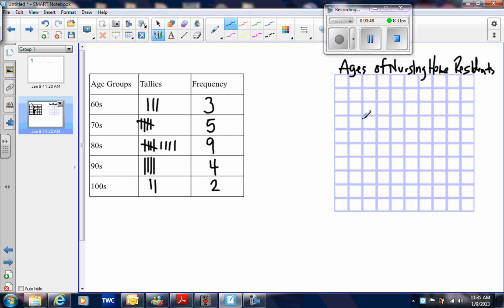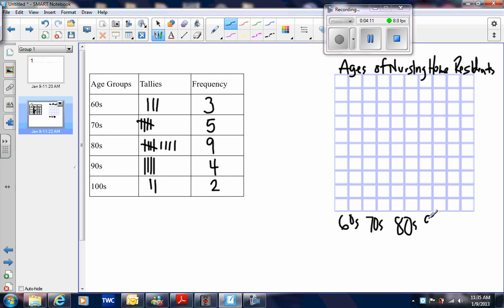So these 2 columns right here are going to be for the 60s. I can actually just put that down here right now. This is for 60s. These 2 columns right here are going to be for the 70s. These 2 columns right here will be for the 80s.